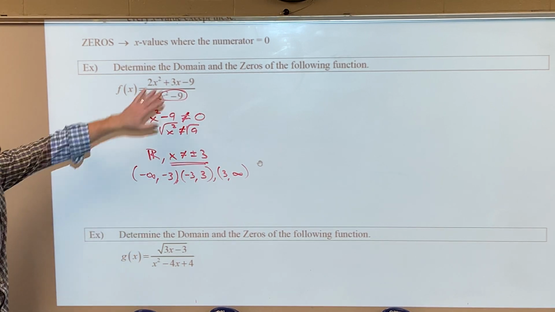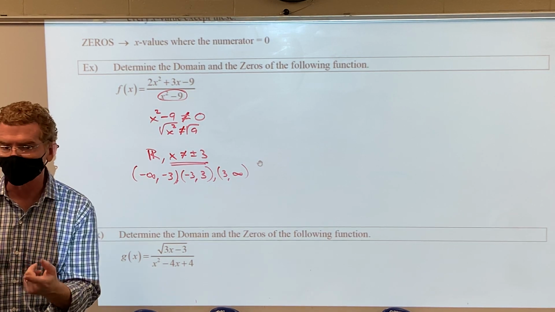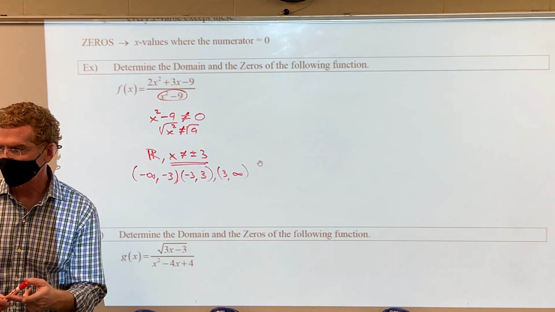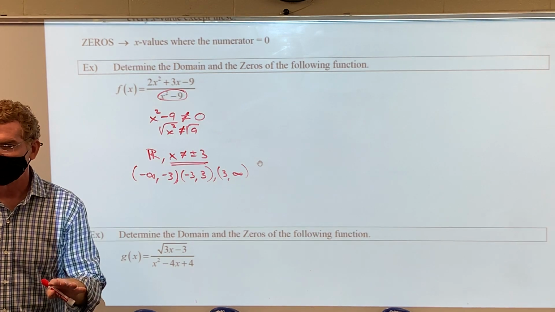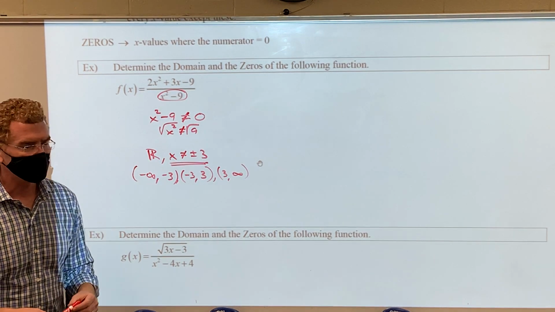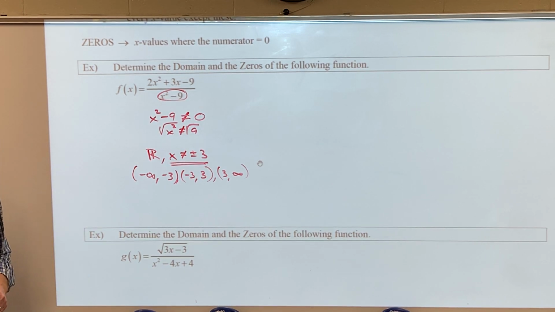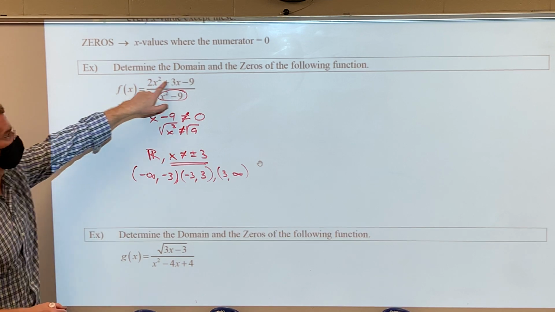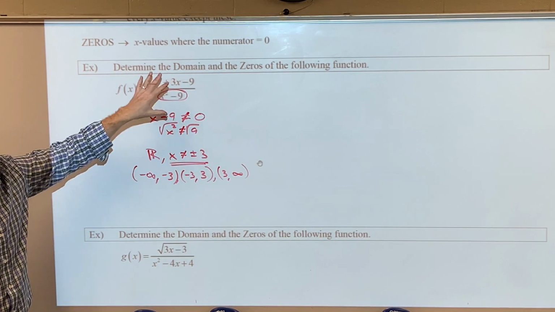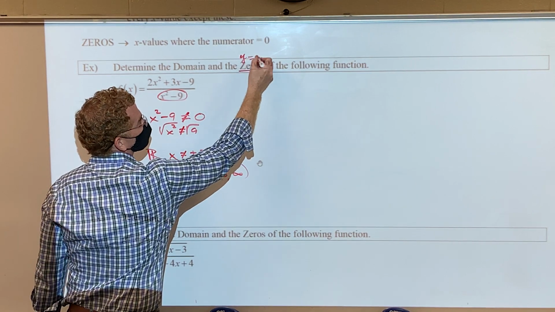Now, what about zeros? What does zeros mean? I mentioned this before. A 0, a root, an x-intercept, all kind of the same thing. So how do you find a 0? Do you remember? Is it plugging the stuff in the numerator in, or are you factoring? The short answer is set the numerator equal to 0. But what you're really doing is saying, for a 0, I want to know when y is 0.